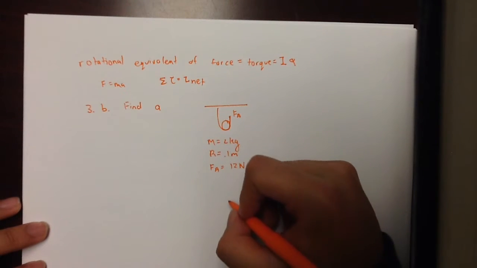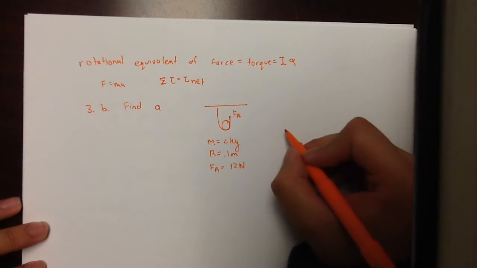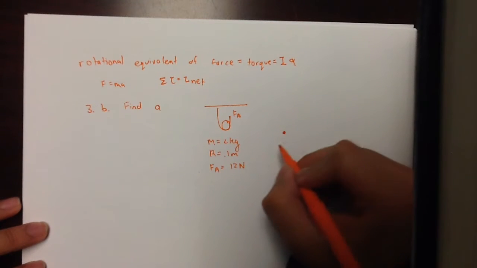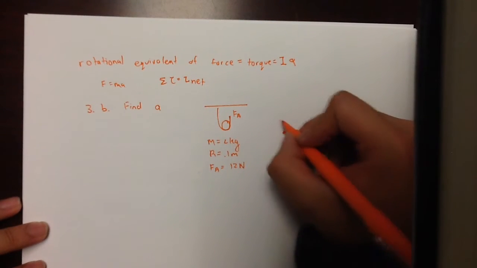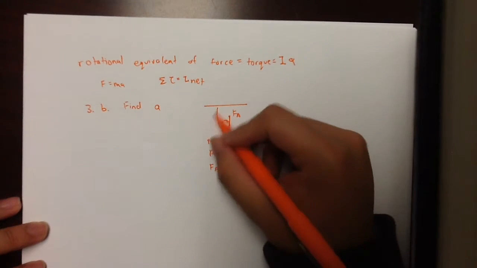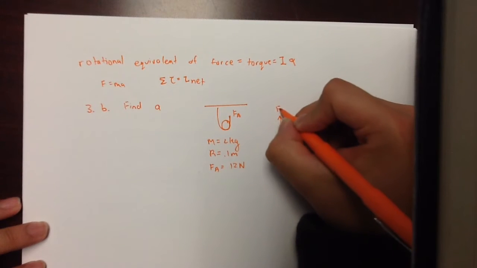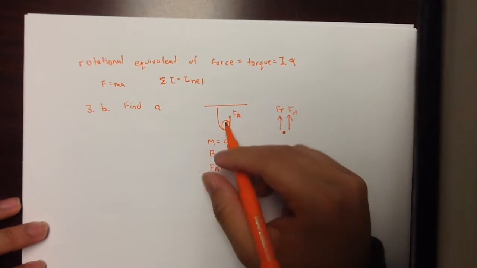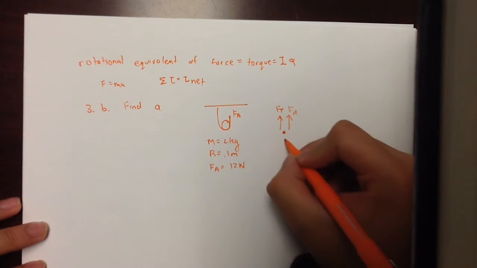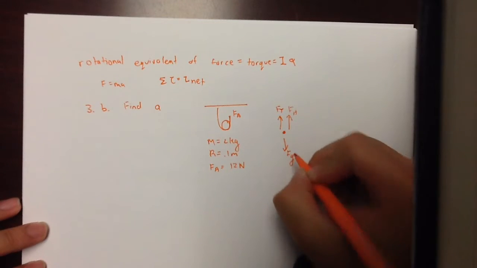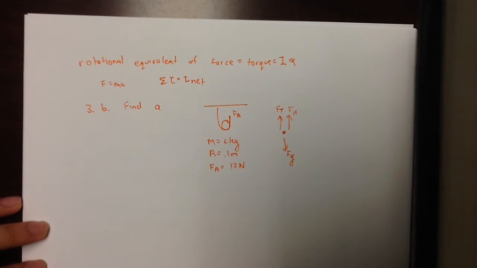So let's start off by doing a free body diagram. Let this be our disc. We know that there is a tension force from the string going up, and there's the applied force, which we see right here, going up as well. And then of course there's the force of gravity that always brings everything down. First of all, let's find the equivalent of everything.